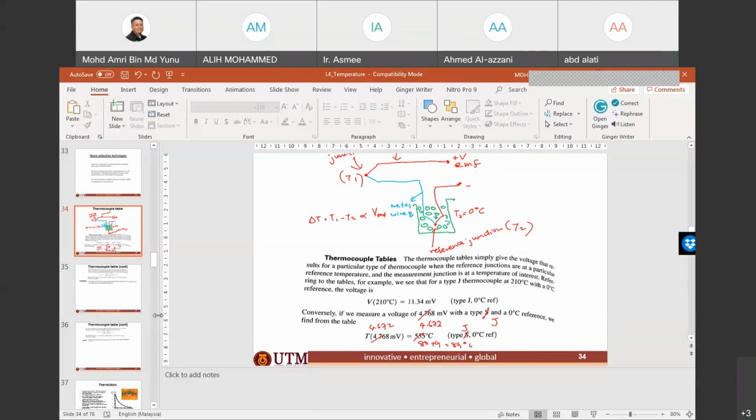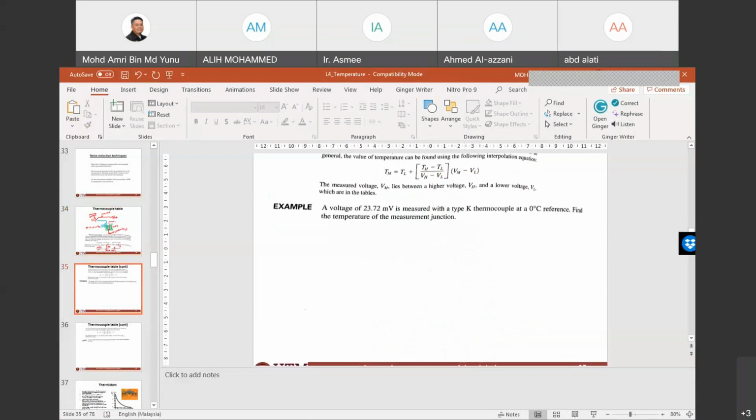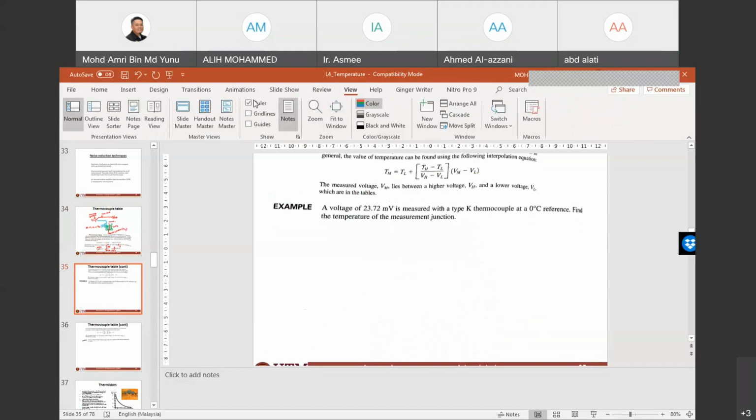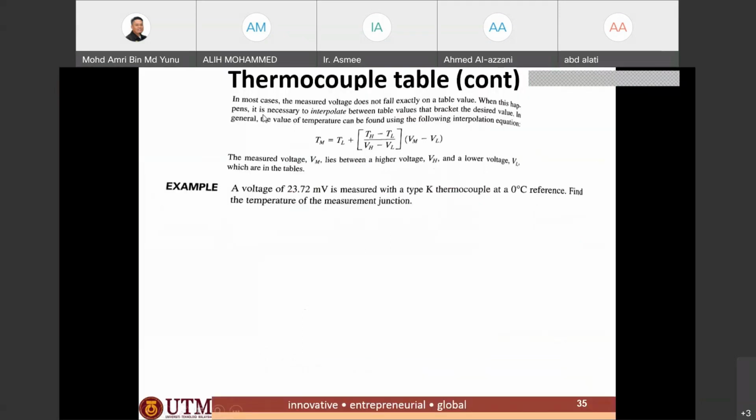So that is the case where we directly find a specific value. But in most cases, the voltage does not fall exactly on the table value.